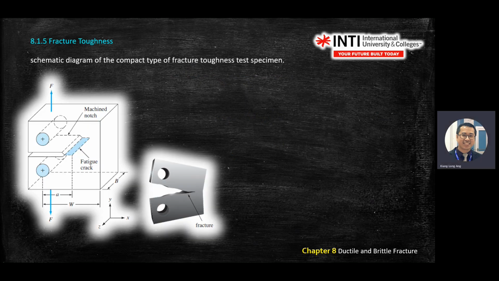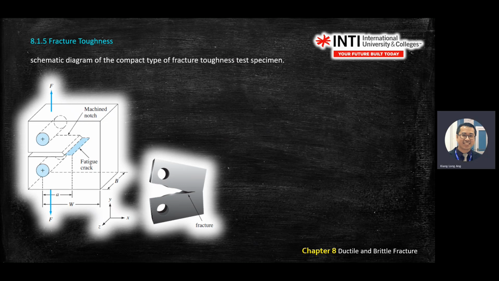This is another, more detailed diagram. This is a mode 1 fracture test. It opens like a crocodile mouth. This is a compact type. On the left, you see a sample diagram. This is a sample of the cracking, and you see there are 2 holes here.